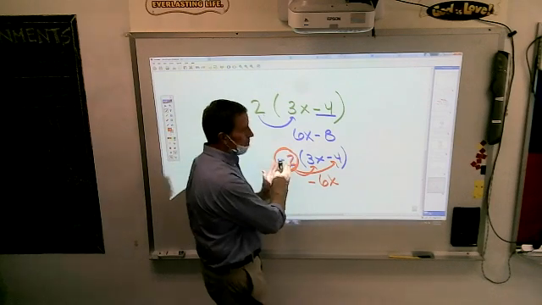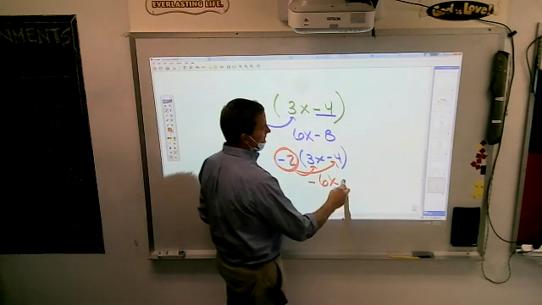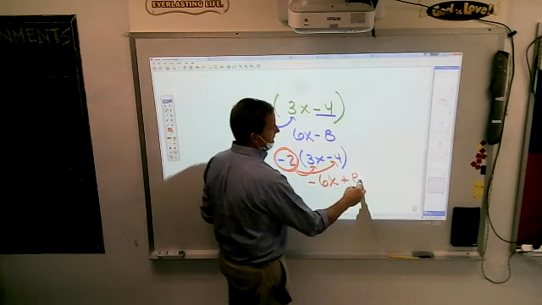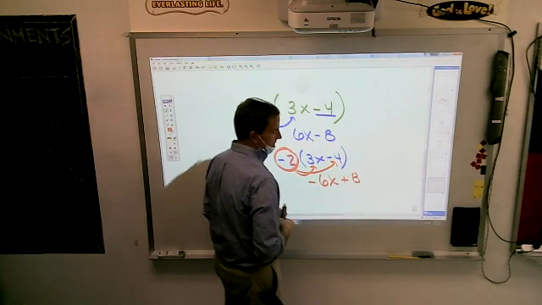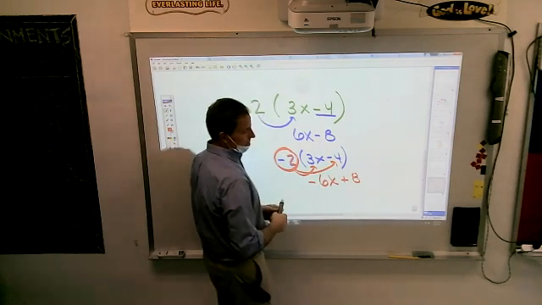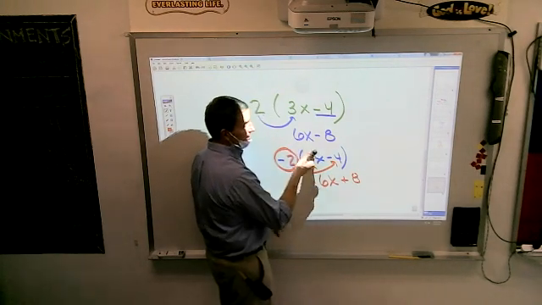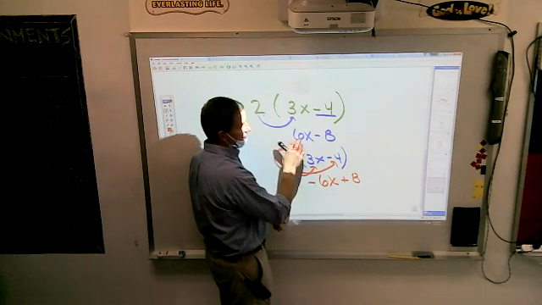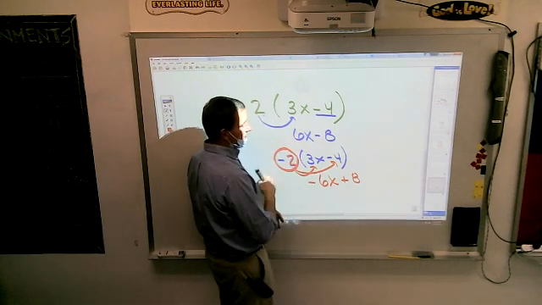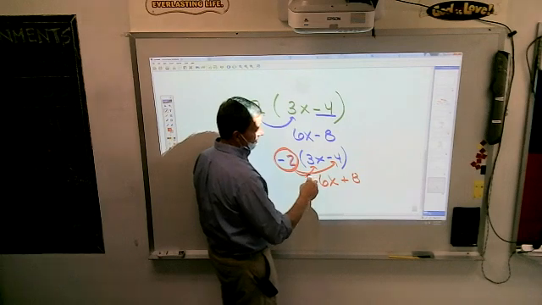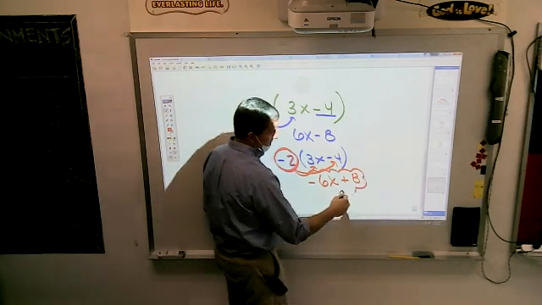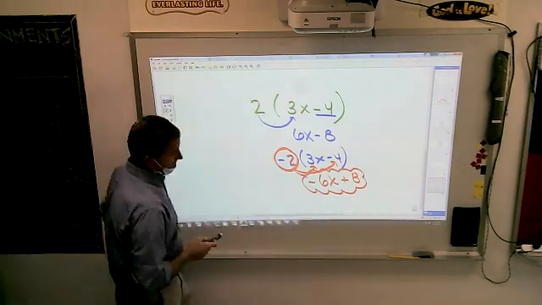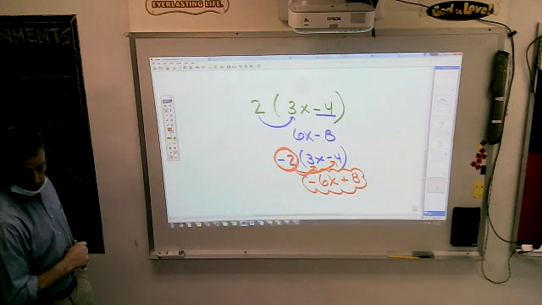A negative 2 times a negative 4 gives me a positive 8. 2 negatives give me a positive. Okay? So it's the exact same as this. It's just exactly the opposite. Here I didn't have a negative, so this was a positive 6x. Now it's a negative 6x. Here I didn't have a negative. And that is that sort of thing there.